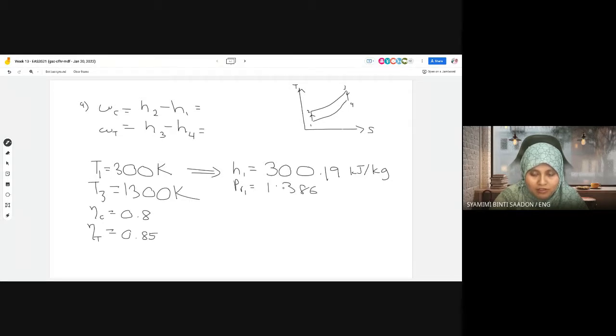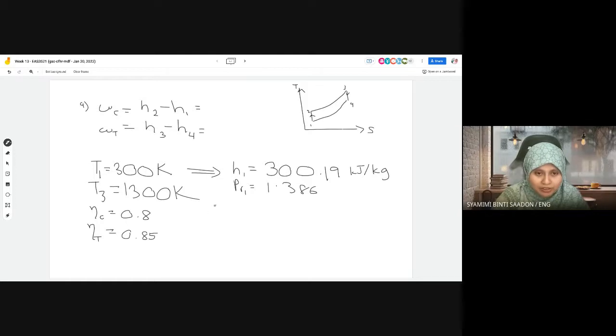Since the given ratio of 8 is the actual pressure ratio, not the PR, we use this PR1 value to get T2 later on.